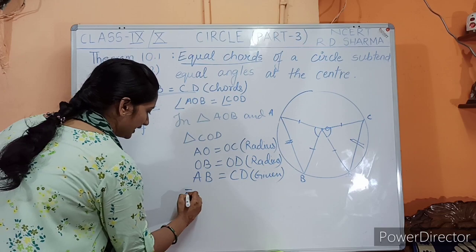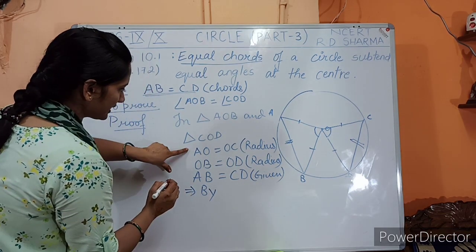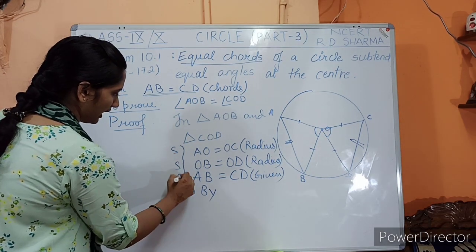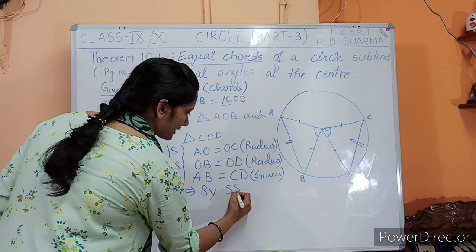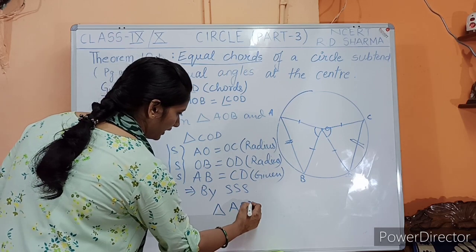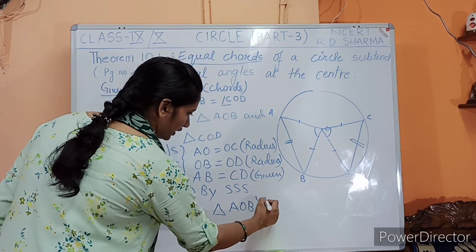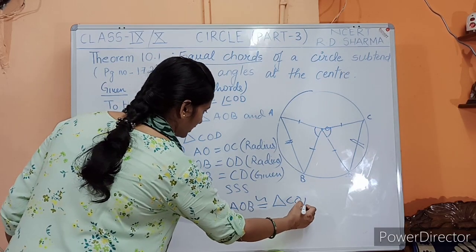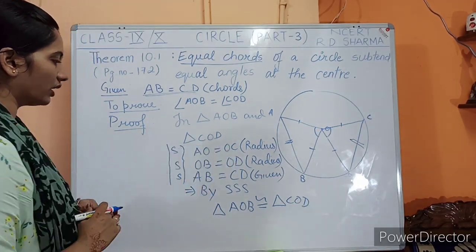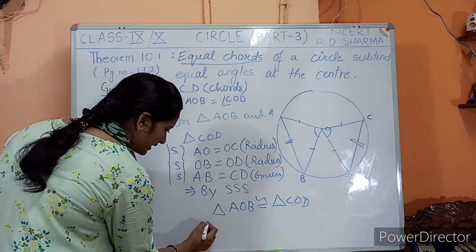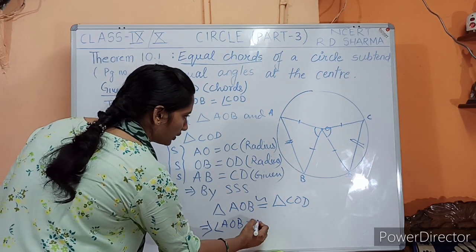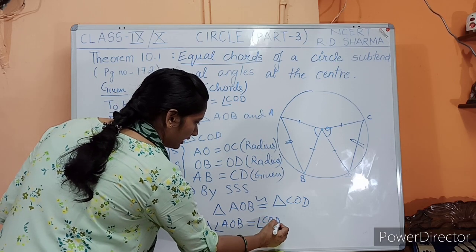So children, as you can see, this is a side, this is again a side, this is again a side. So by SSS, these three are the sides. By the SSS congruency condition, we can prove that triangle AOB is congruent to triangle COD. Now we have shown that the two triangles are congruent. Now we can write, this implies angle AOB is equal to angle COD.